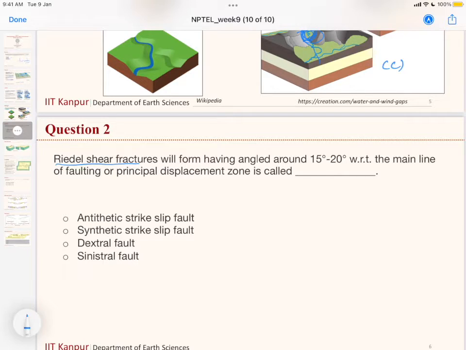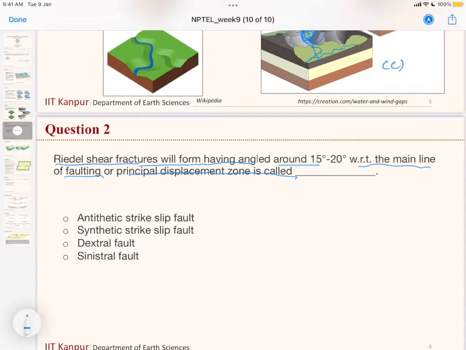No, okay. So we will understand today. The question says that radial shear fractures form at an angle of around 15 to 20 degrees with respect to the main line of faulting, or principal displacement zone, and are called what? To answer this question, first we need to understand what radial shear fractures are.